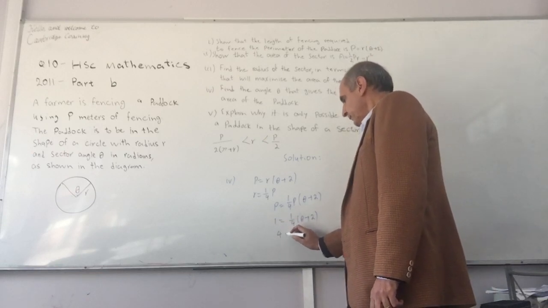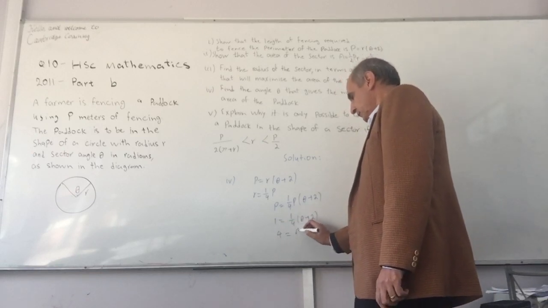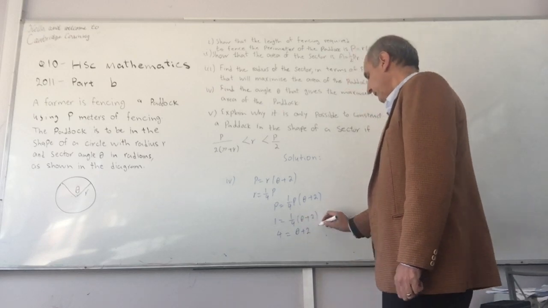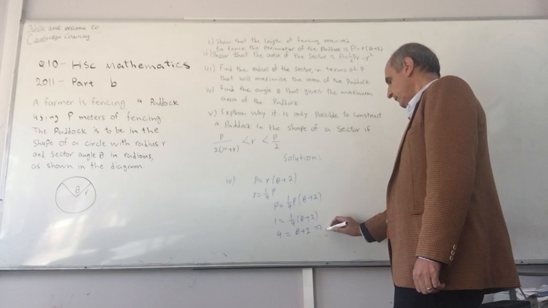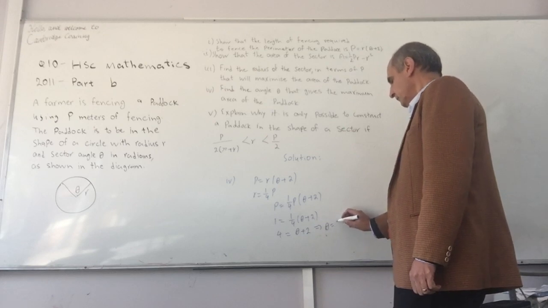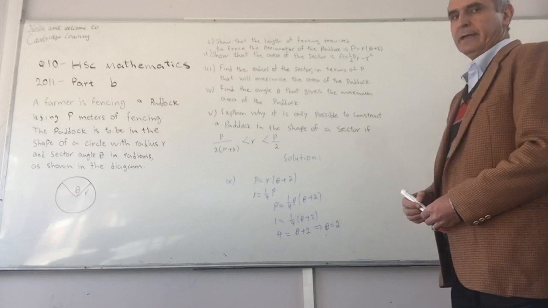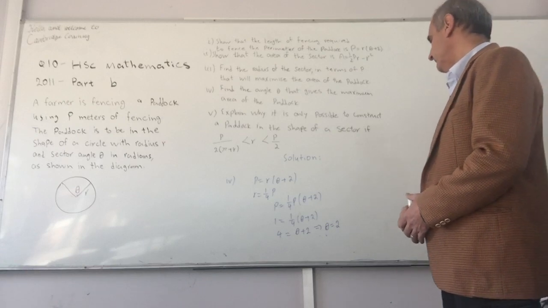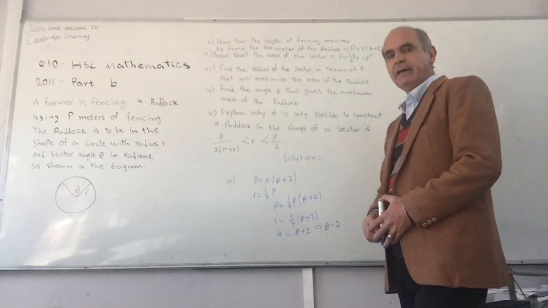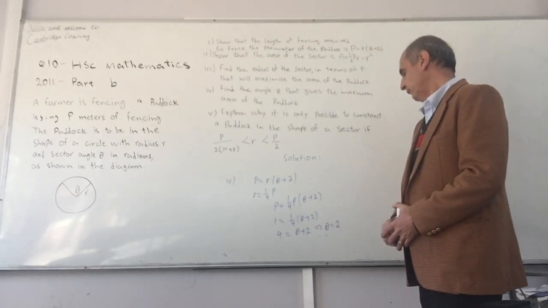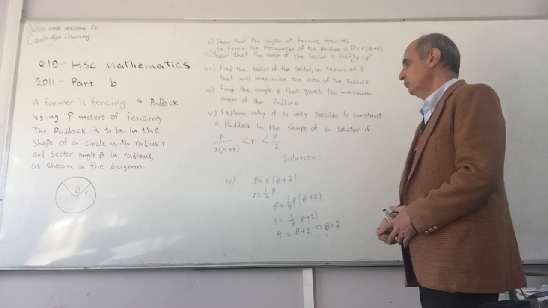So that becomes 4, and the quarter just disappears, and I don't need the bracket anymore. And from here, take 2 from both sides, we get theta is equal to 2. So when your area is a maximum, the value of the central angle for your sector is 2 radians.